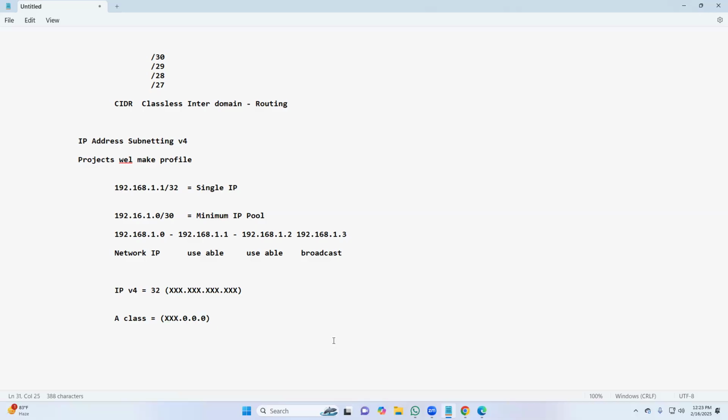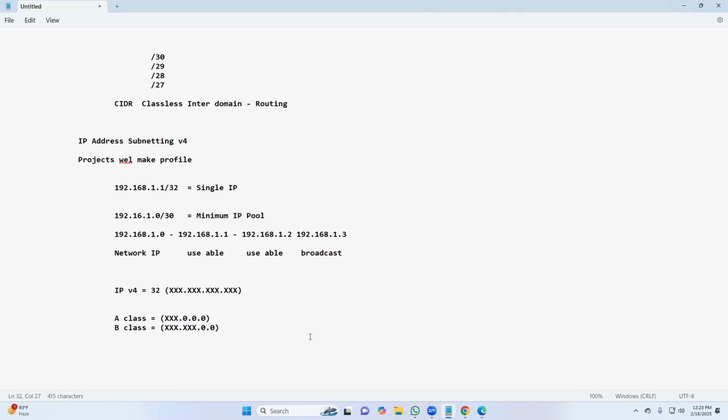But if you go with the B class, there is less capacity. Less capacity means two octets are fixed, 0.0, like this. In B class, two portions are reserved and only two are open for any number.